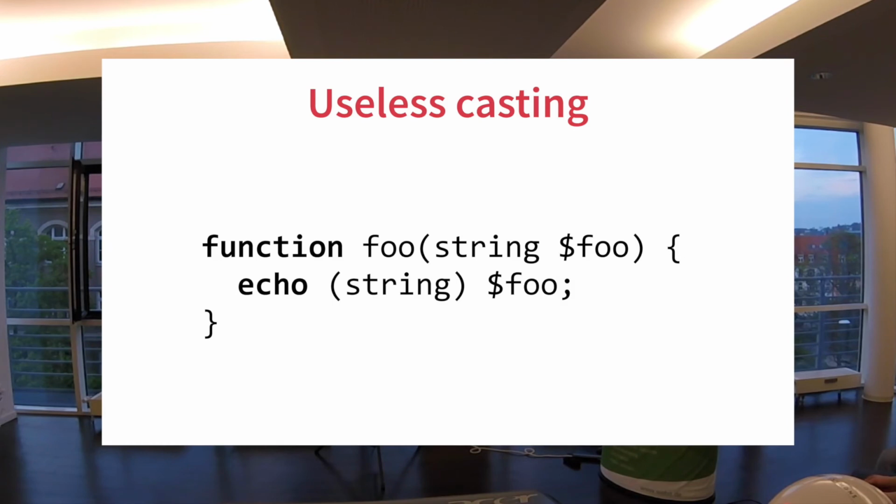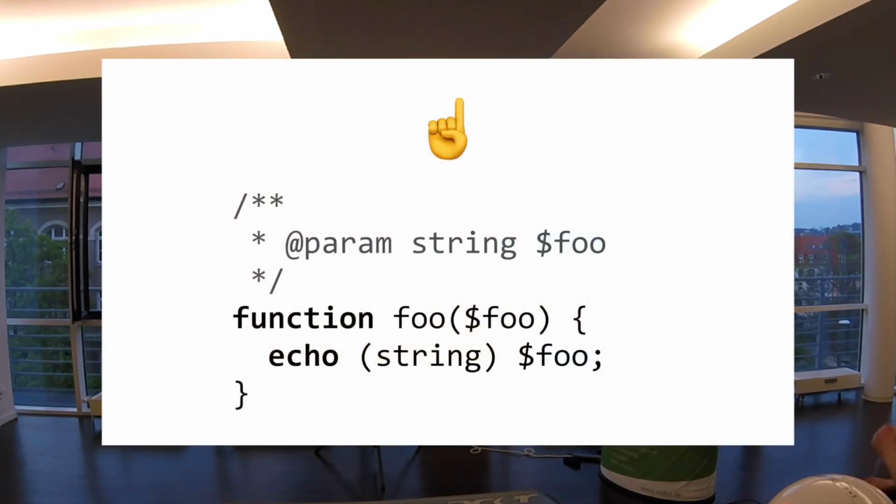And it's important to have scalar type hints from PHP 7 because when you turn on level 4, PHPStan will also report that you can remove the string cast from this line, but it isn't quite true because the string is only in the documentation, and actually anything else can be returned or passed to the function.